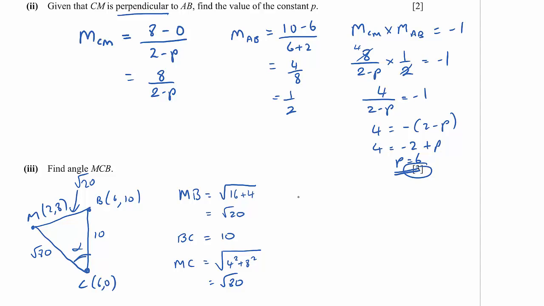So cos alpha is going to be root 80 squared plus 10 squared, take away root 20 squared, all over 2 times root 80 times 10.